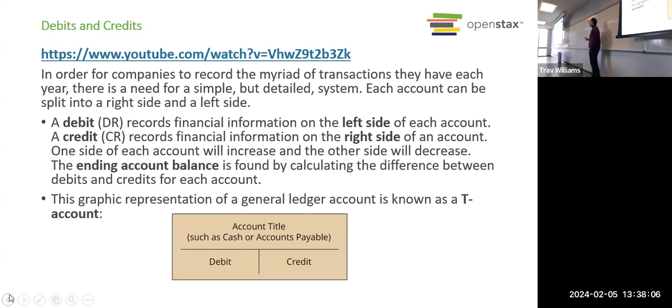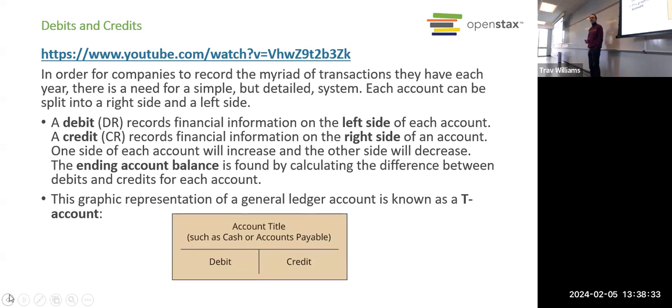So we know that dividends, expenses, assets, and losses, when they go up, we record on the debit side. So we would record that extra cash we got in the left column, the debit column. If we paid money for any reason, well, then our cash is going down. And then we'd have to record it on the credit side.